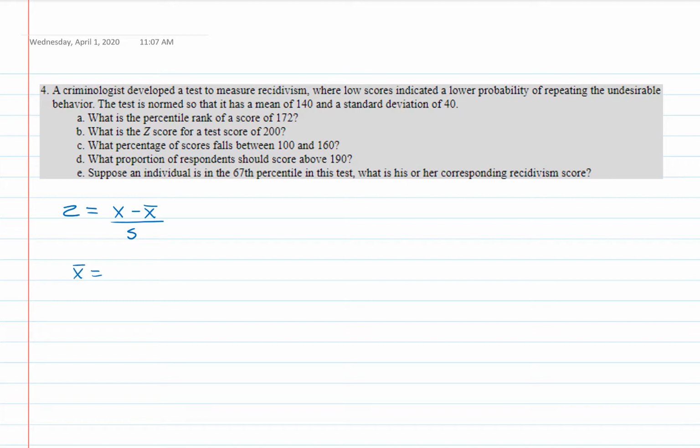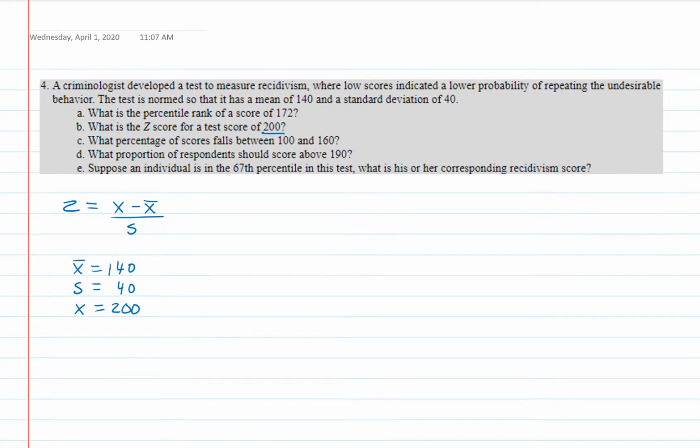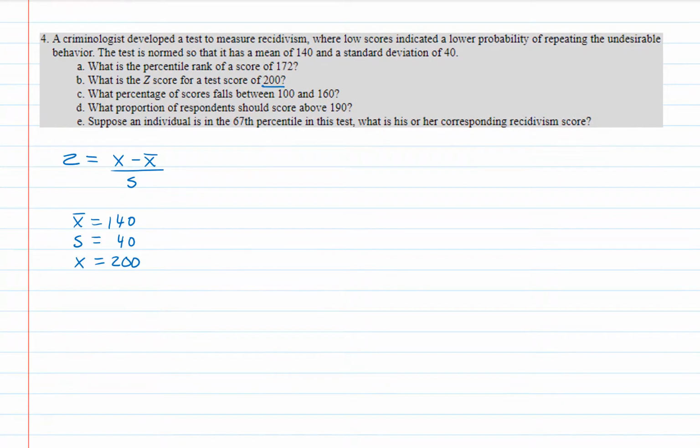X bar we have equal to 140. Standard deviation we have equal to 40. So at this point, it's just a question of plugging in, and the x value, I should say, that we're asking about is 200. So let's just plug in some figures and compute this very simple problem.